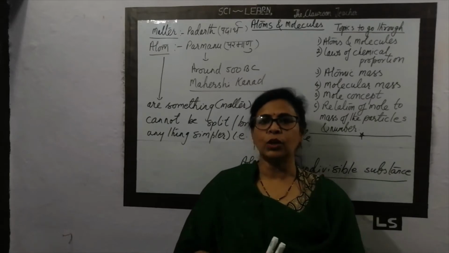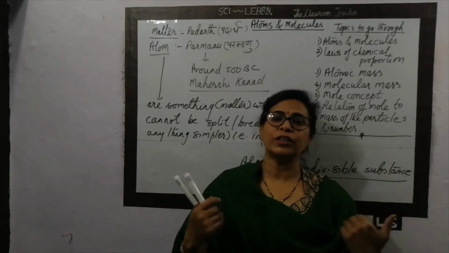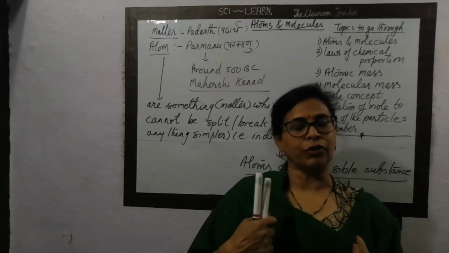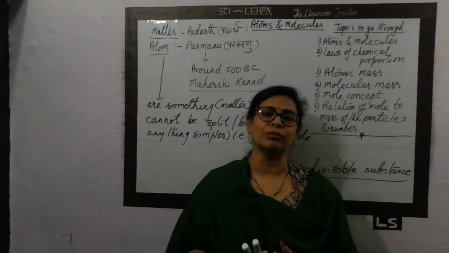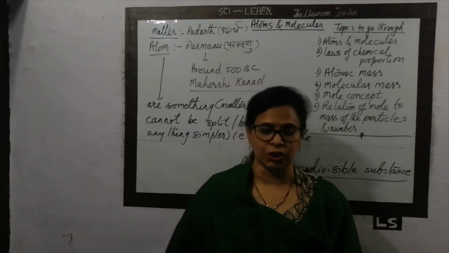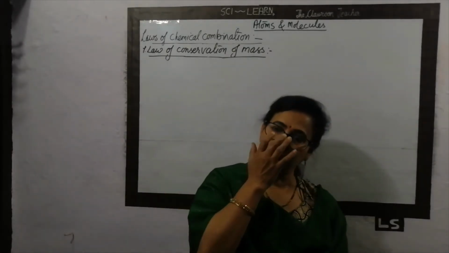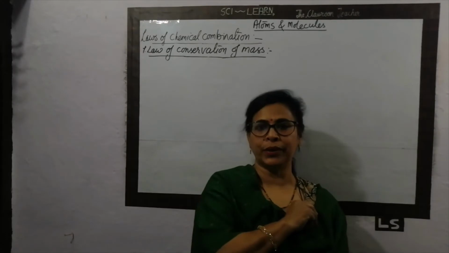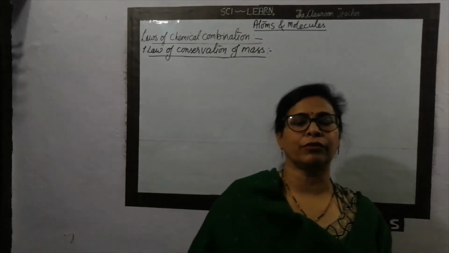He was the person who explained how these atoms combine together. What is the law that is applicable for the combination of atoms to form a molecule or a compound? So next is the law of chemical combination. When atoms combine together, they form molecules. When molecules combine together, they form compounds.